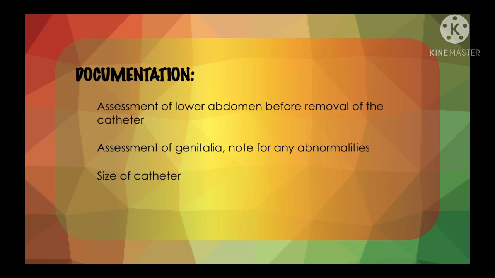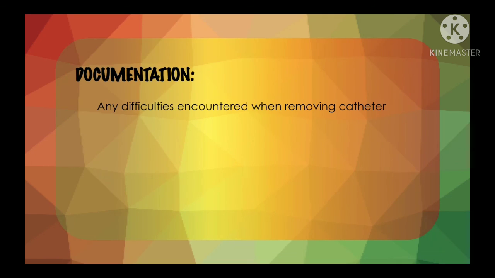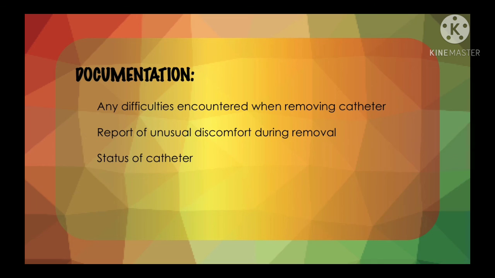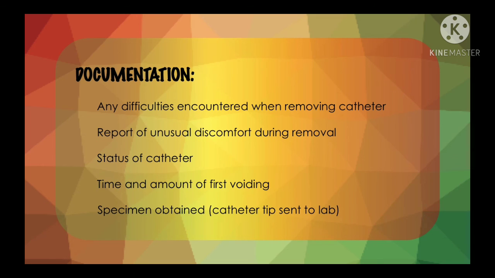Document the size of the catheter, the amount, color, and consistency of urine draining in the urine bag, any difficulties encountered when removing the catheter, report of unusual discomfort during the removal, status of catheter, time and amount of first voiding, and the specimen obtained, especially the catheter tube that was sent to the laboratory.